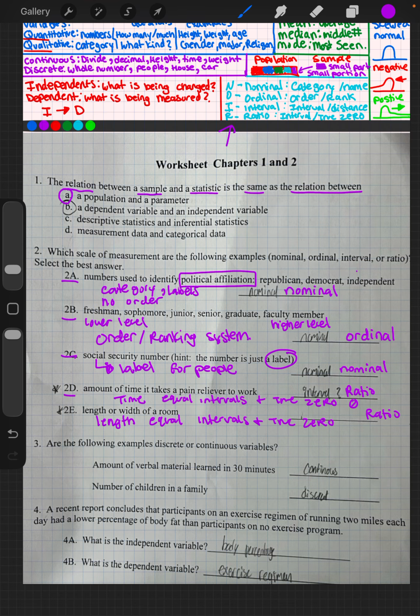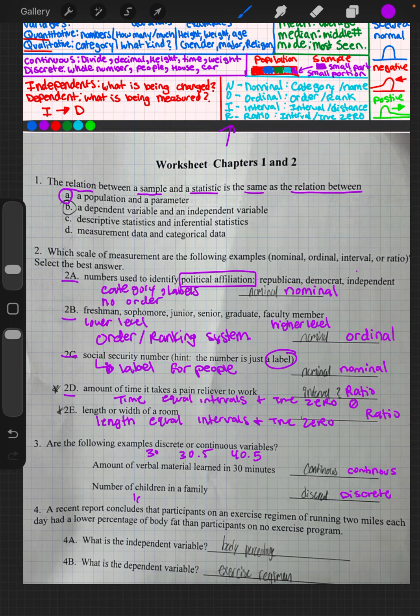Are the following examples discrete or continuous? Yeah, these are right. So continuous, and discrete. Because you can do 30 minutes, 30 minutes, and let's say 5 seconds, 0.5, or 40.5.